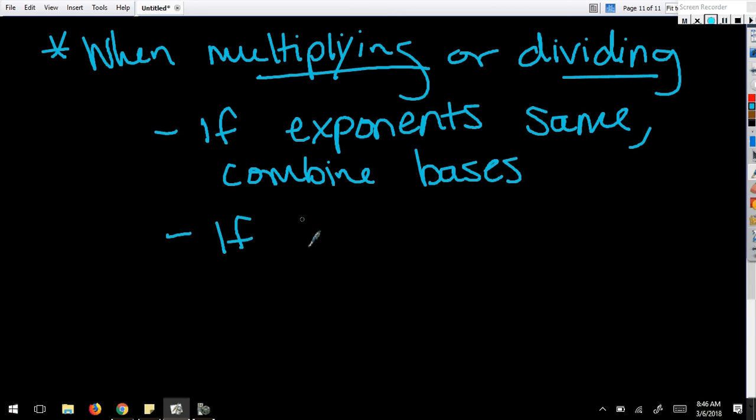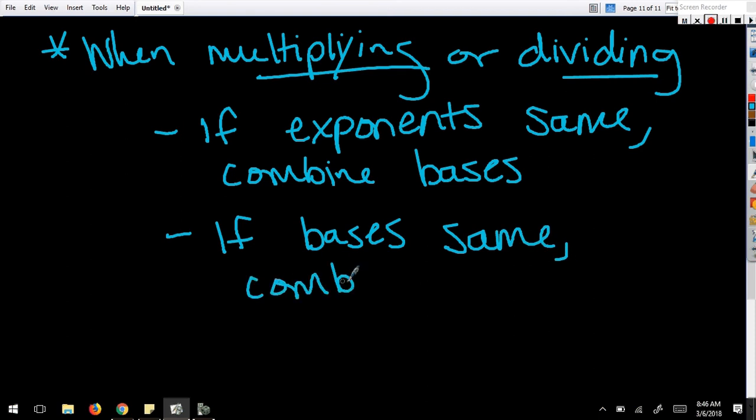And if the bases are the same, you can combine the exponents.